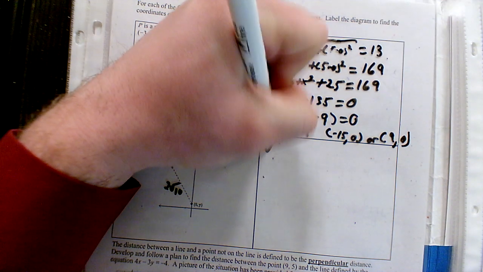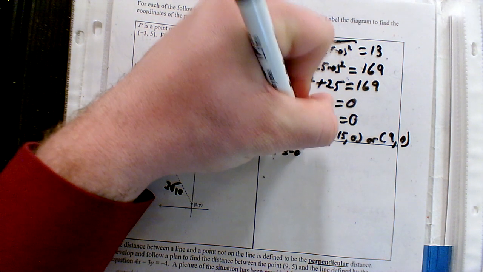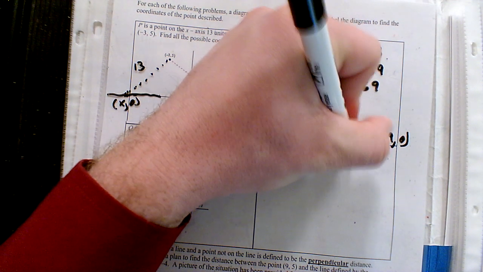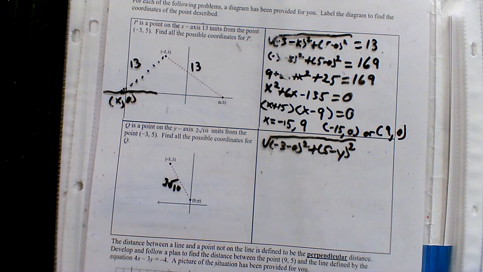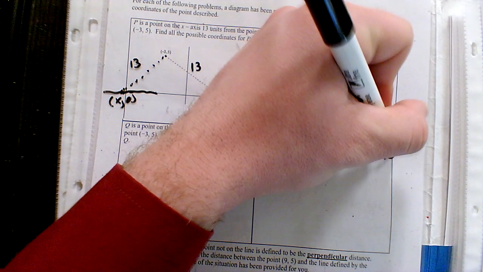Alright, let's start the setup. Square root of (negative 3 minus 0) squared plus (5 minus y) squared, because again, we don't know the y value this time. We know we're on the y-axis. Equals 2 square roots of 10.